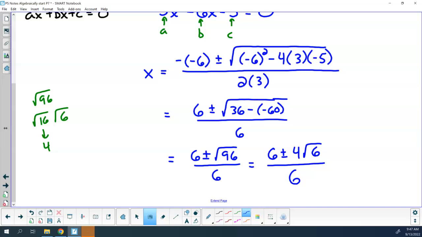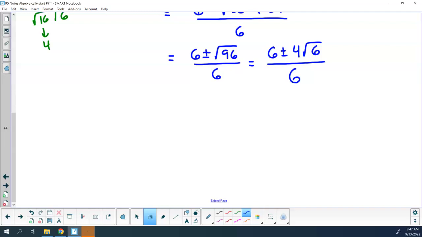Is that now a reducible fraction? Yeah, there's lots of even numbers in there, right? Okay. Which ones reduce? 6, 4, and 6? Which 6? The 6 inside or the 6 on the bottom? 6 on the bottom.